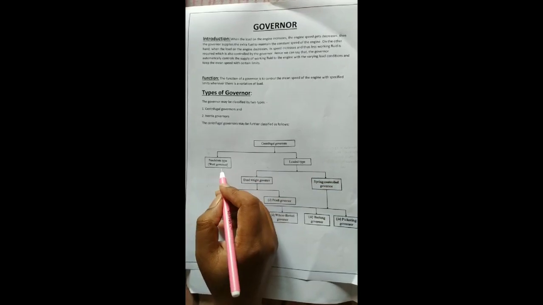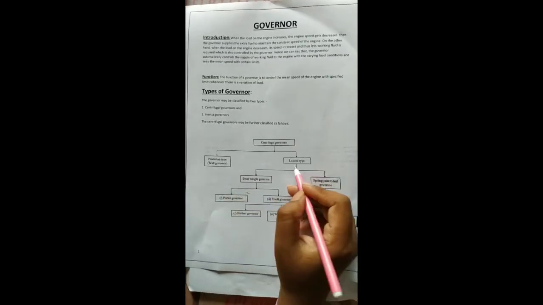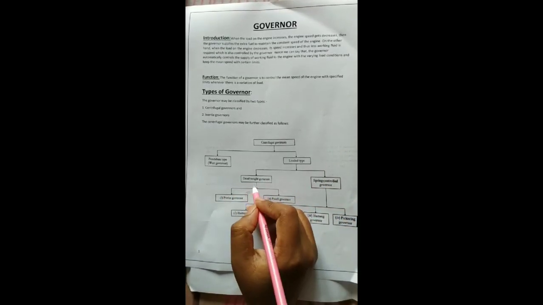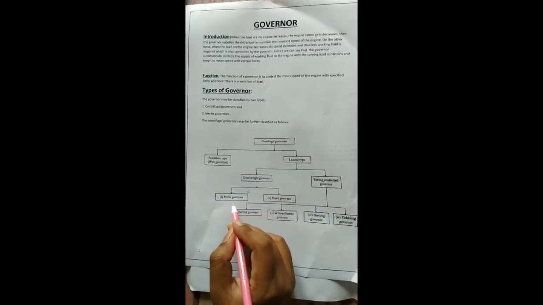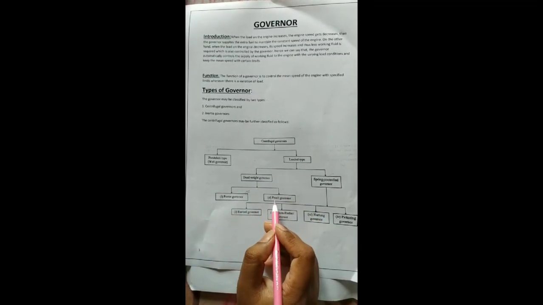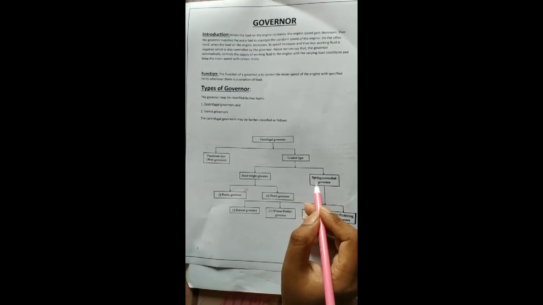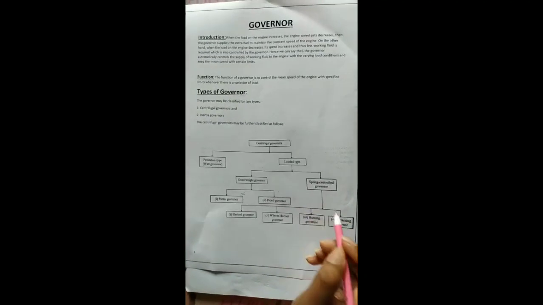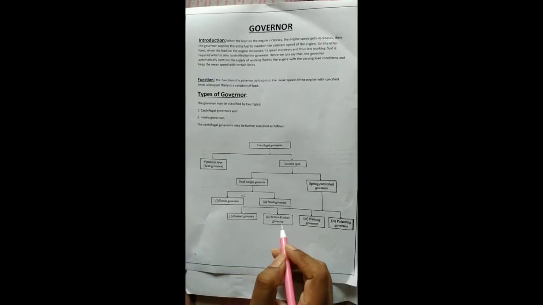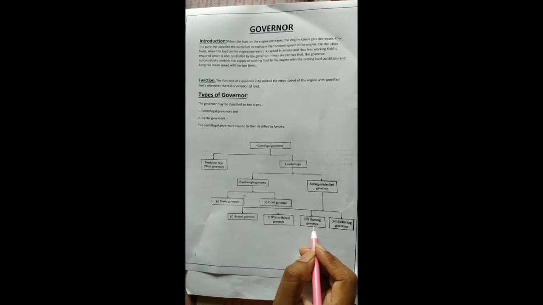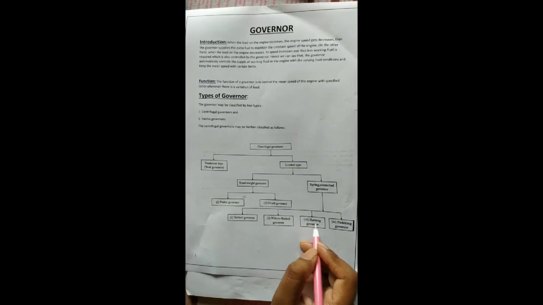In the pendulum type we have the Watt governor, and in the loaded type we have dead weight governors, that is the Porter governor and the Proell governor. Similarly, in the loaded type spring controlled governors we have the Hartnell governor, Wilson-Hartnell governor, Pickering governor and Hartung governor.